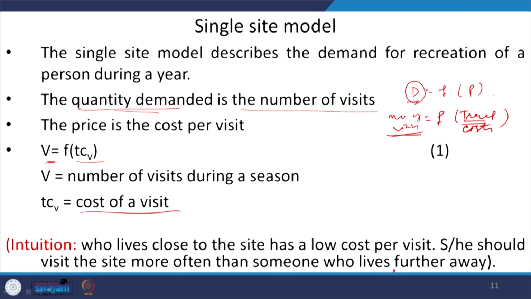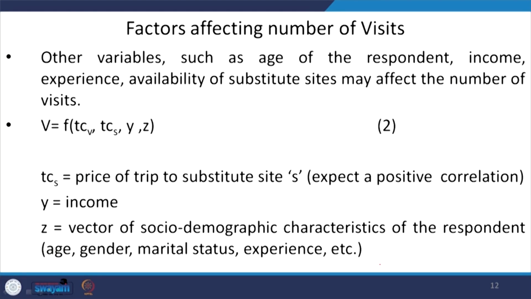That means, if a person is living very far away from that particular site, then it is very likely that he or she would be making fewer visits to that particular site in a year, or in whatever time duration is under consideration.